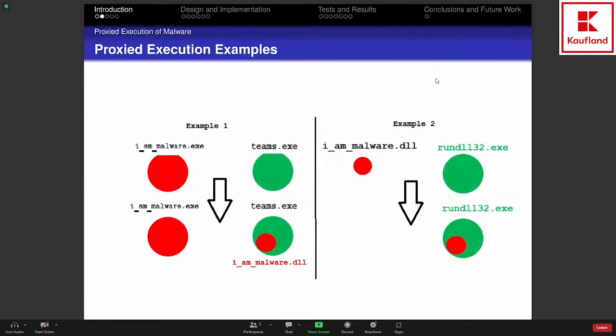These are some simple examples. There are many different types of proxy execution. I'm giving two examples to see what's happening.